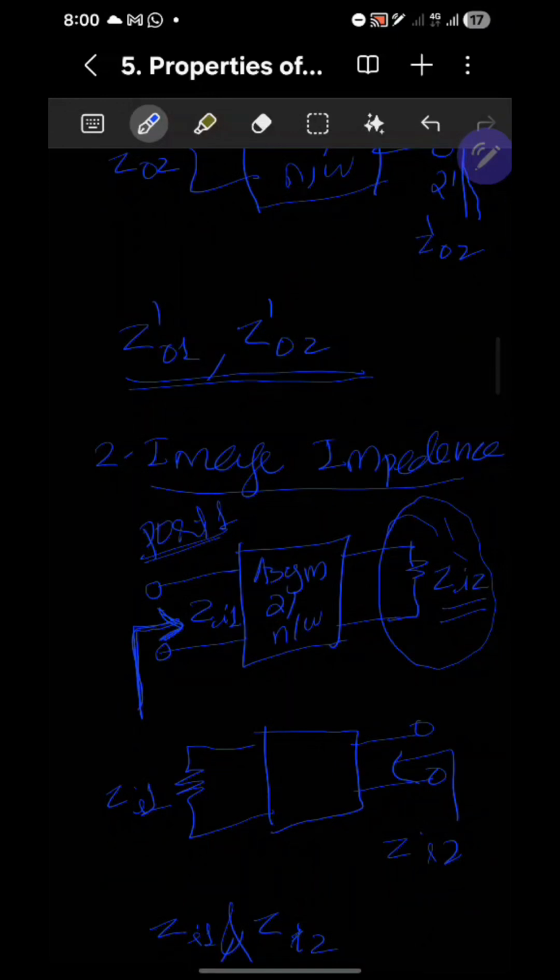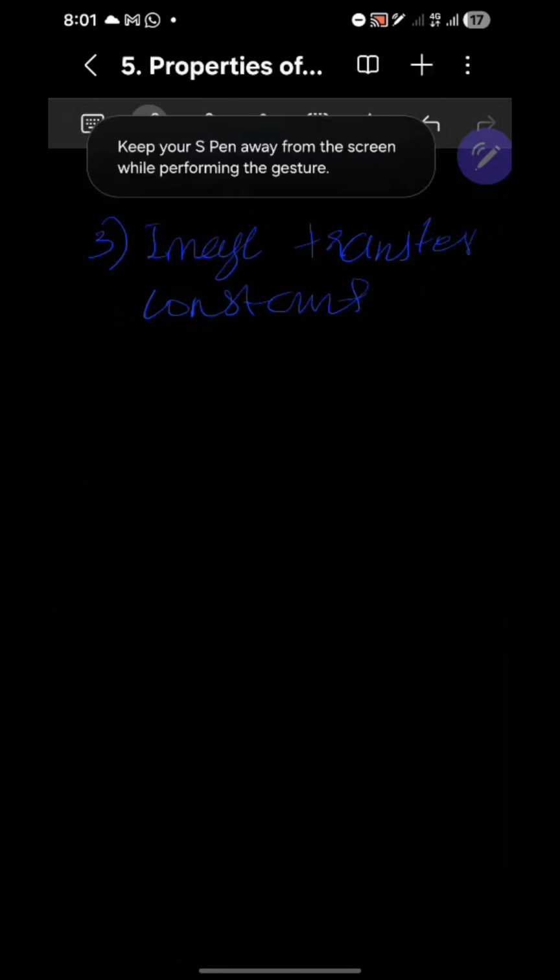The iterative impedance and image impedance for a particular two-port network will be unique. That means there will be two image impedances and two iterative impedances. These values are unique.